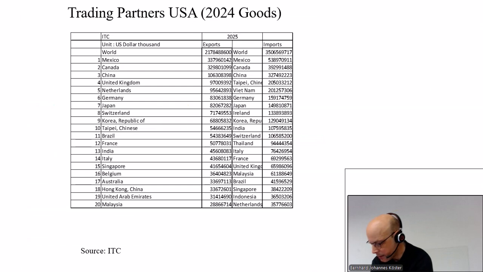If you look at the largest trading partners of the United States, do you have some explanation for the trading partners? Are you surprised to find Mexico, Canada, China, United Kingdom in this table of the largest import-export partners? United Kingdom is, for example, here, and we have it here.